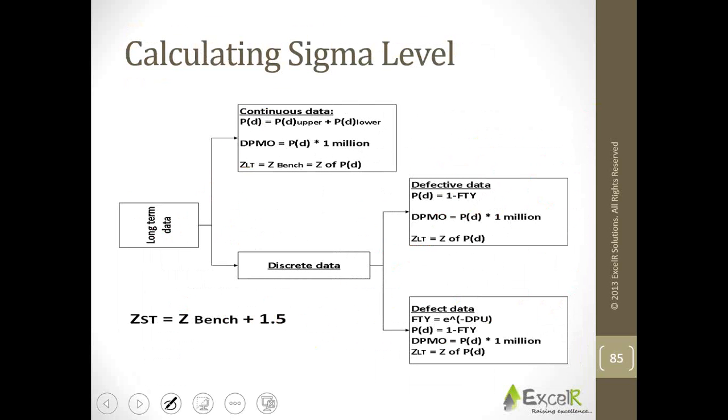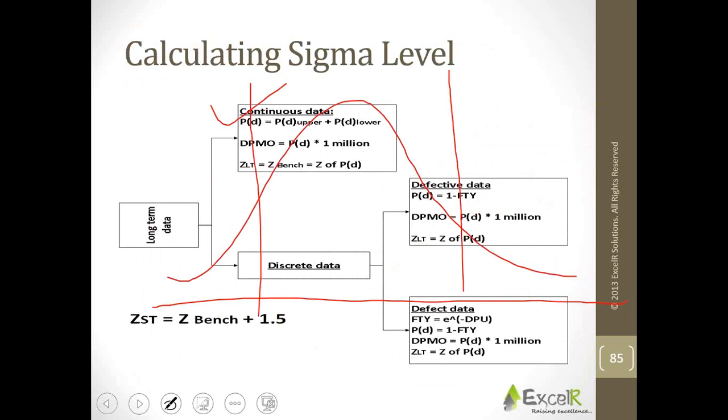So let me move on to the next slide. How do you calculate the sigma level? For continuous data, you want to calculate the probability. P of D means probability. Probability is equal to probability of upper and probability of lower. So put it in this way and put your upper and lower level.